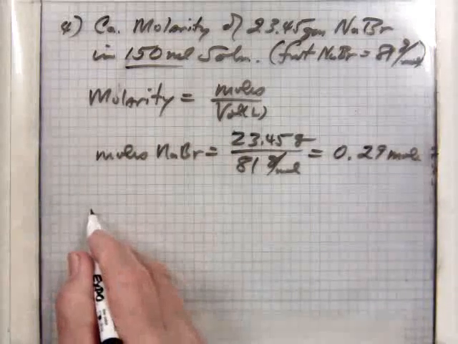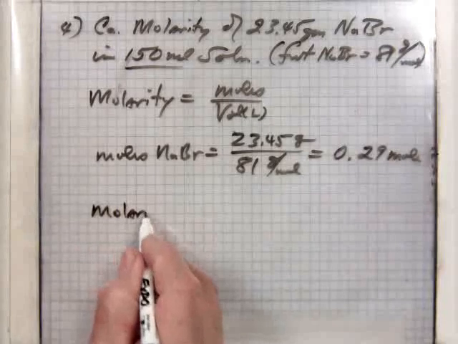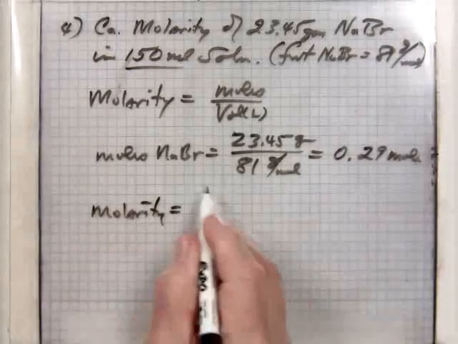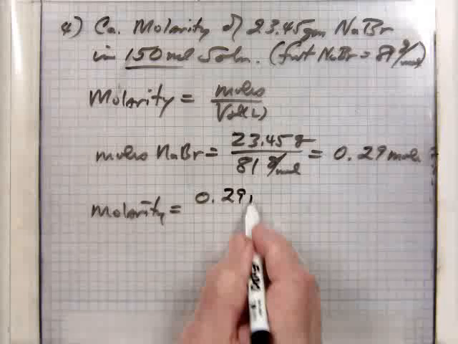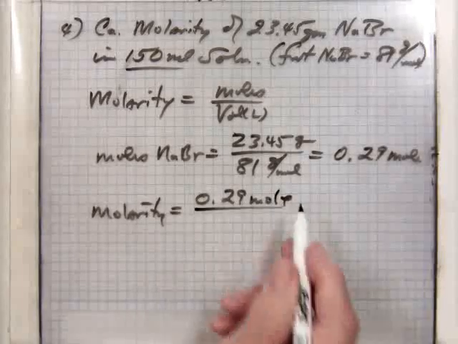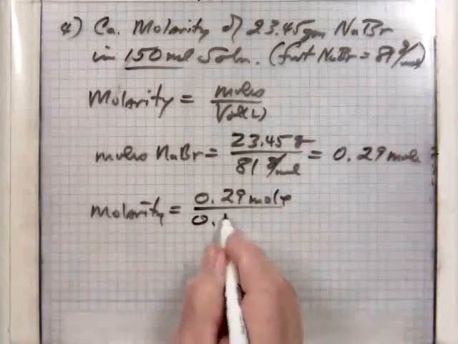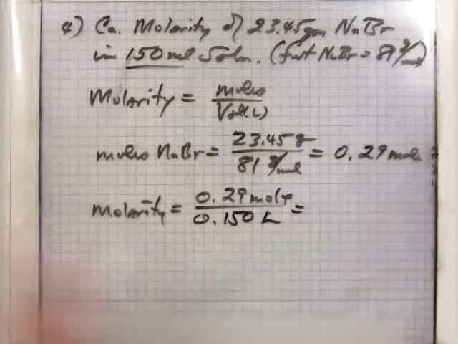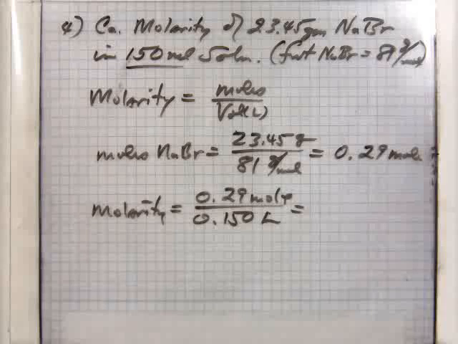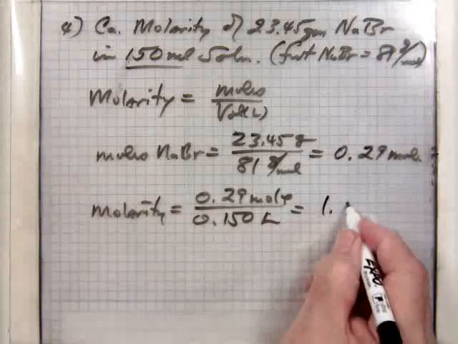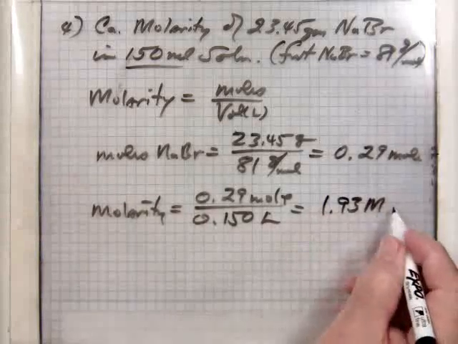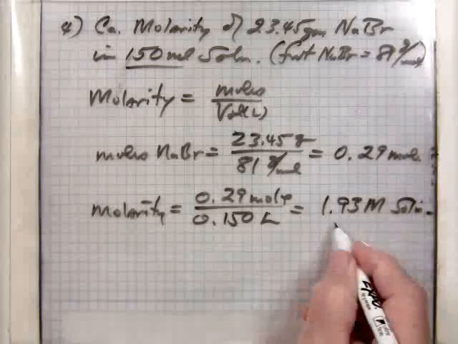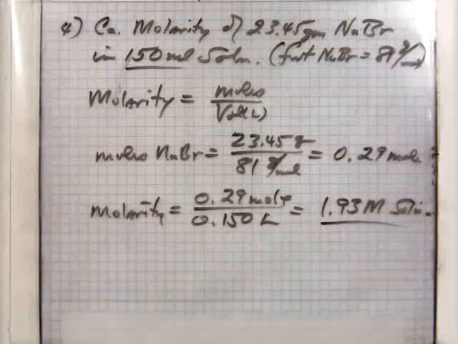So now we can do the molarity: it is equal to 0.29 mole of sodium bromide divided by 0.150 liters. And that's a 1.93 molar solution for that. Anybody still with me?